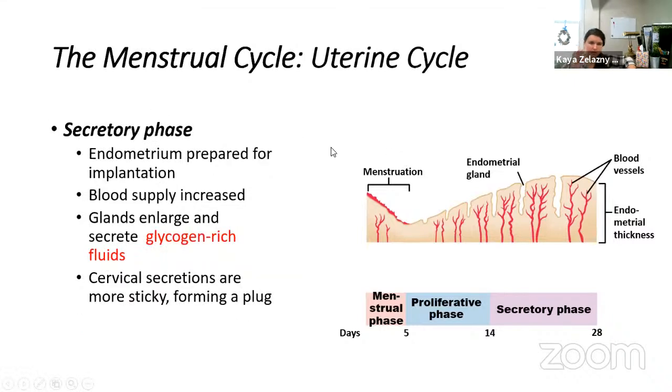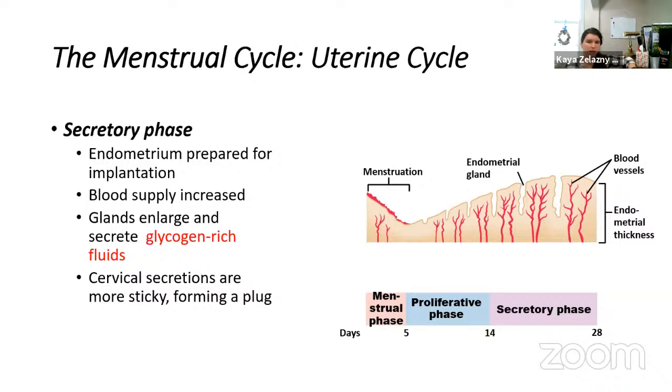The secretory phase is happening for the last 2 weeks of the cycle. And during the secretory phase, the endometrium is being prepared for implantation of a fertilized ovum. So it's increasing its blood supply. The glands are getting even bigger, and they're going to secrete fluid that's rich in glycogen.